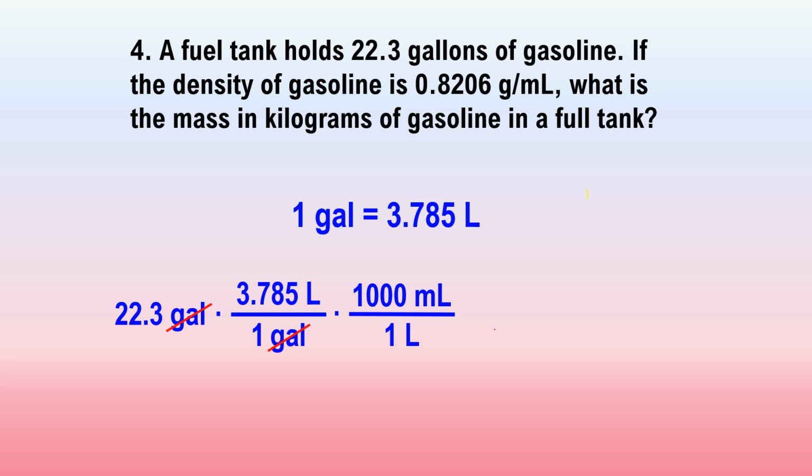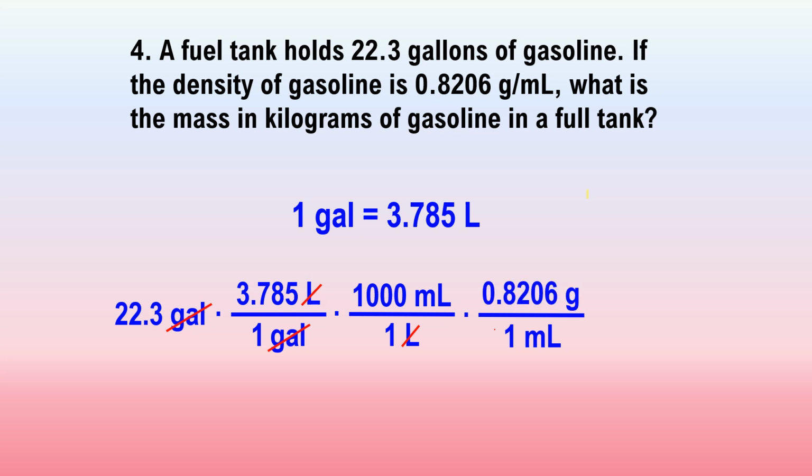Now, once we have the units in milliliter, we can apply the conversion in our question to convert from milliliters to grams, which is further multiplying by each milliliter giving us 0.8206 grams.